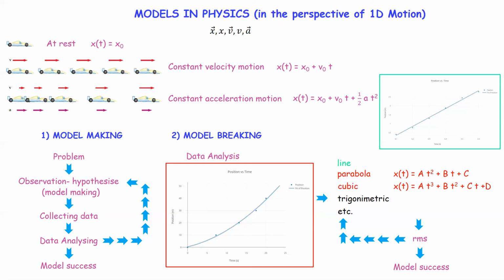So, these are two approaches to making models in physics. In fact, if you look carefully, what you are doing in these two methods is just following scientific steps. These are nothing but applying the scientific method to describe a physical phenomenon or physical case.